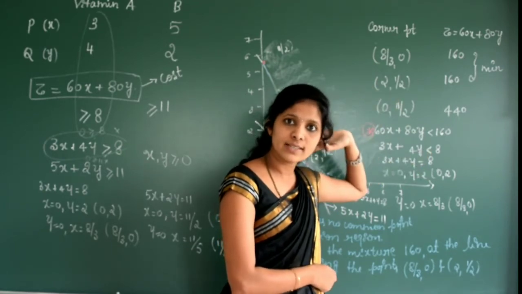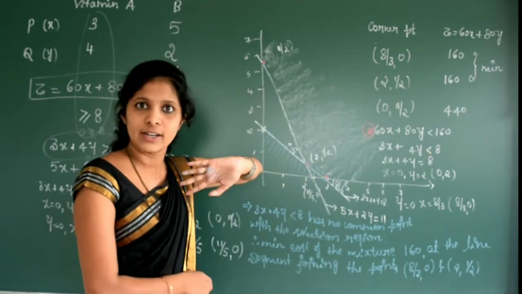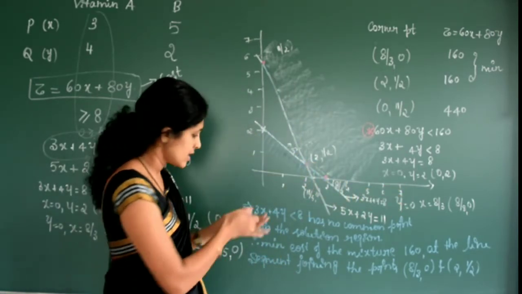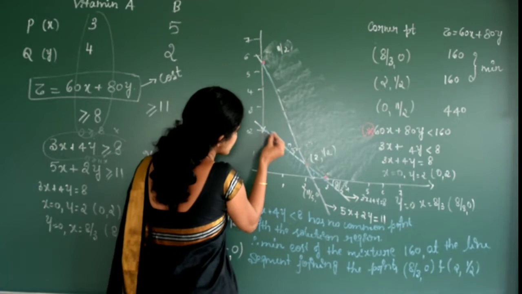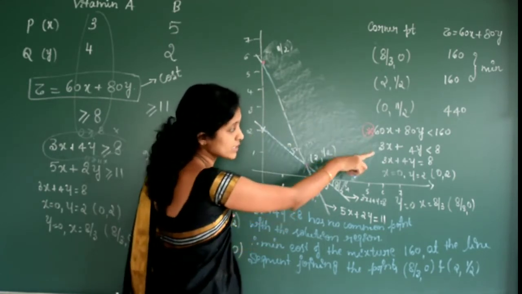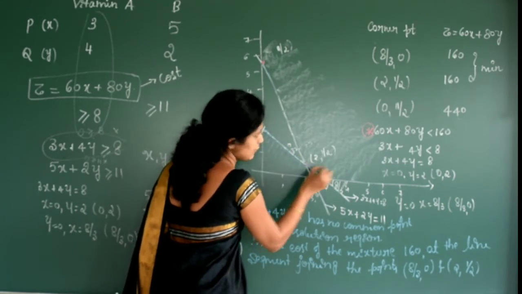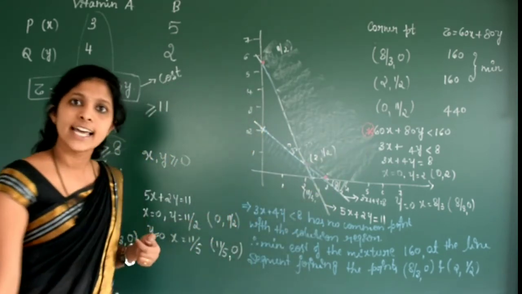Both the equations are the same, but the solution region is different, right? If you simplify this, again you will get the same line. Is it clear? See here, you can see the blue line. This is a dotted line because it is strictly less than. So this will be the line for 3x plus 4y less than 8.